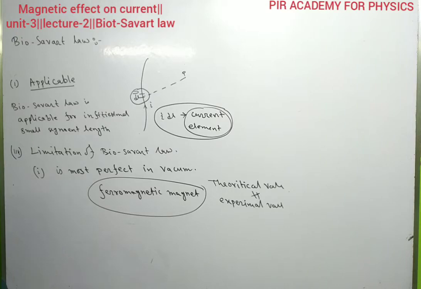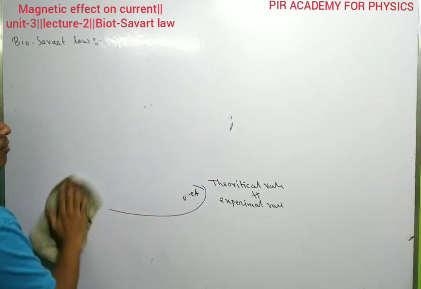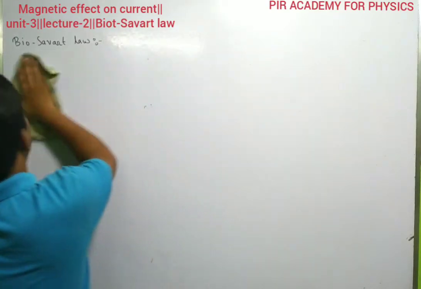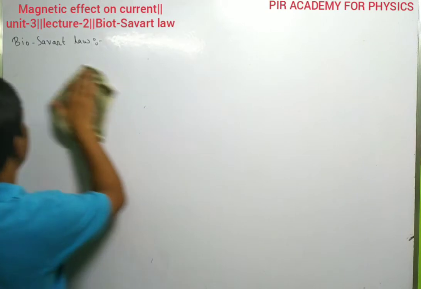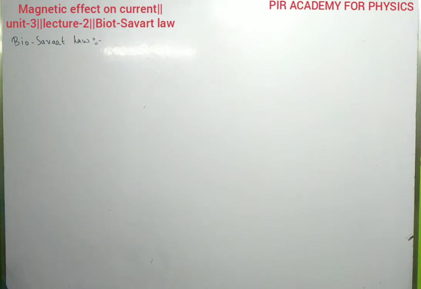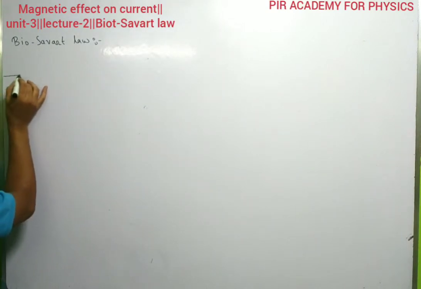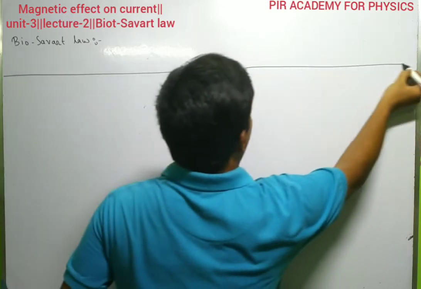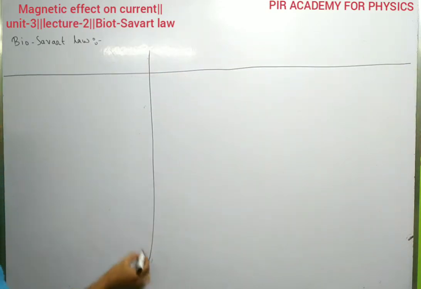Now you have to know the various forms of Biot-Savart law. Next is the various forms of Biot-Savart law. Number one is the vector form.